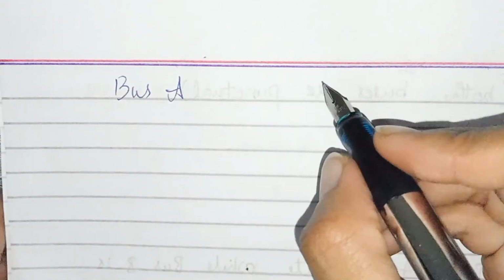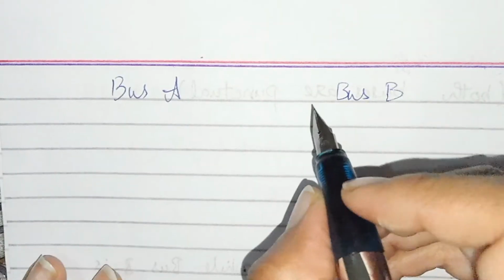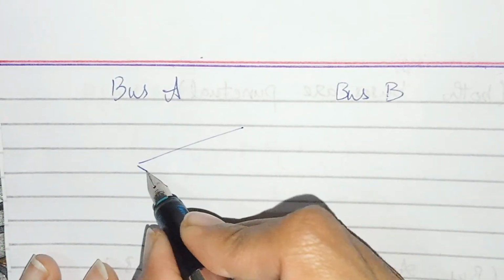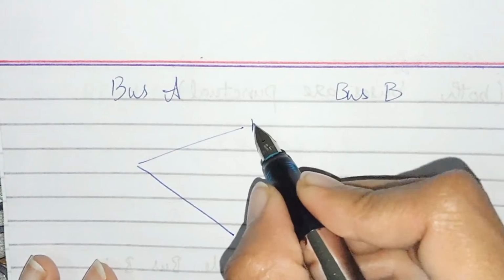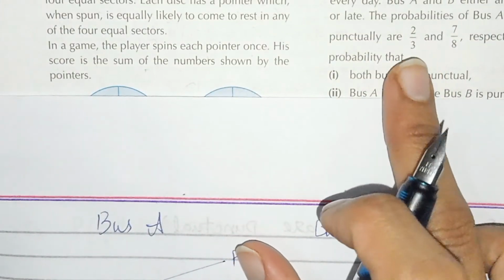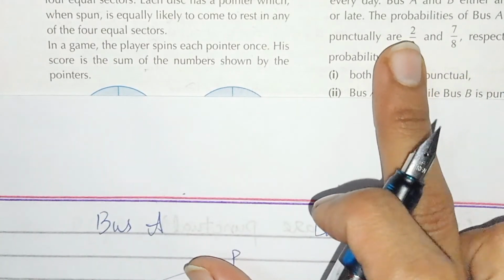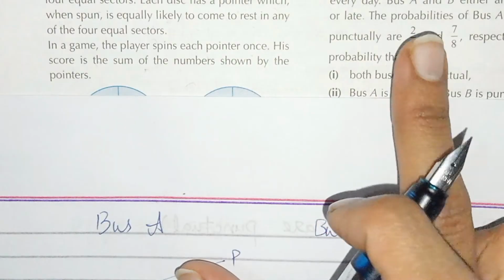Bus A and bus B. Bus A is punctual or late, and the probability given in the question for bus A being punctual is 2 by 3.